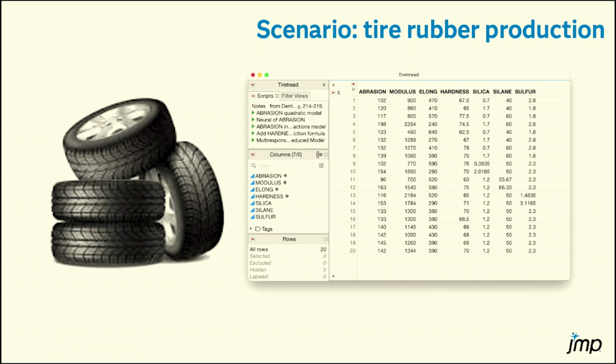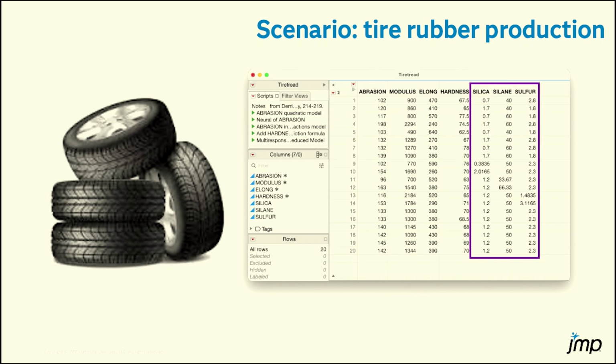So this data set that we're going to use for a lot of things in this hour is called Tire Tread. That's the name of the data table. And what we've got in this data set is 3 factors: the silica, the silane, and the sulfur. This data came from a designed experiment where we were varying the amount of silica, the amount of silane, and the amount of sulfur.